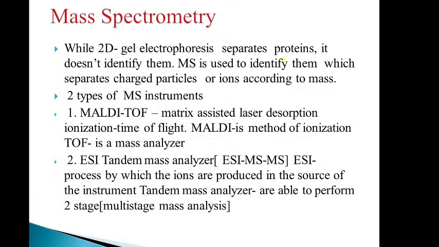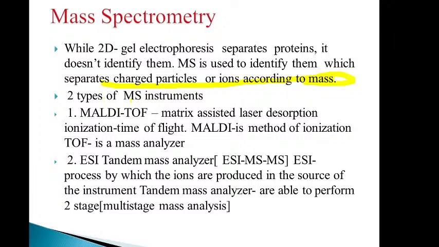But here we are able to identify the protein. So MS is used to identify them, which separates charged particles or ions according to their mass. So you have to remember that this is mass spectrometry. Here the separation is based on the mass. According to their molecular weight there is a separation.